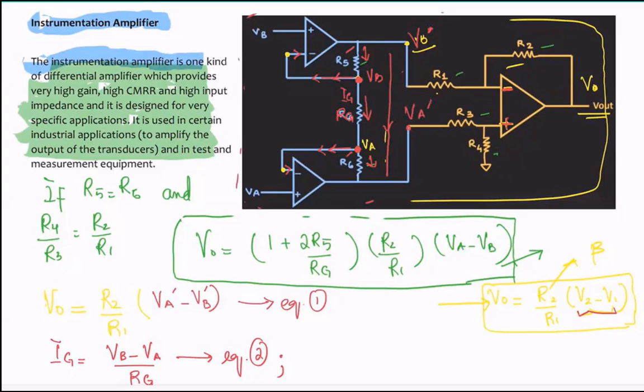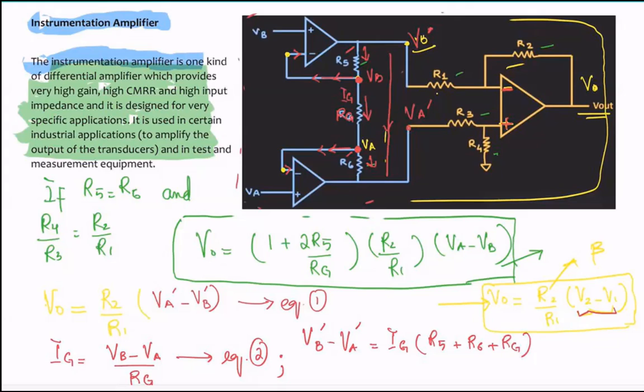So VB bar minus VA bar, okay? That is equivalent to IG times the resistance, and resistance is basically R5 plus R6 plus RG over here, correct?